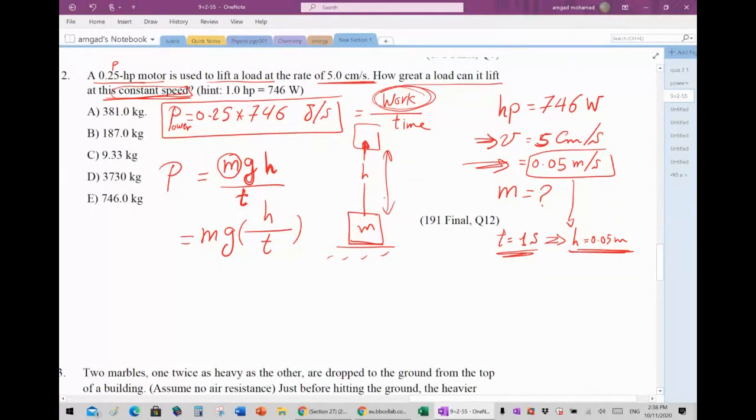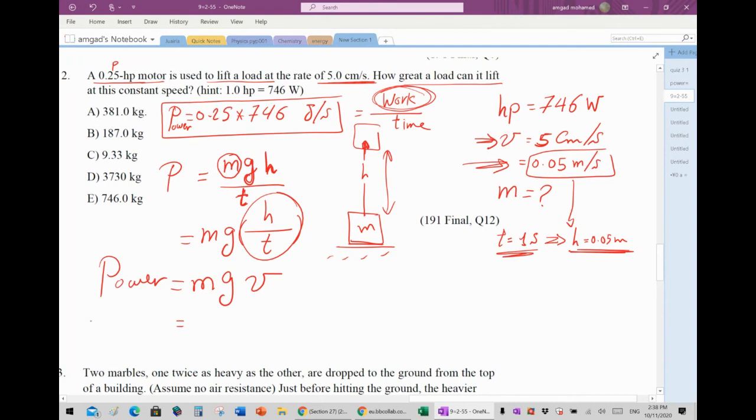It's the height divided by the time. You are moving with constant speed, so this is the speed, actually. So it's mg times the speed. So h over t, distance over time, gives you the speed. So the power equals mg times v.